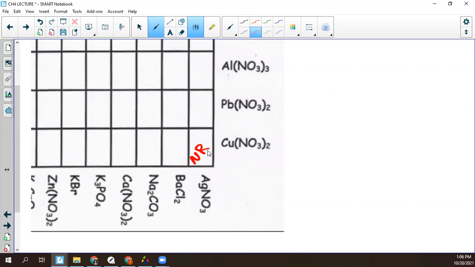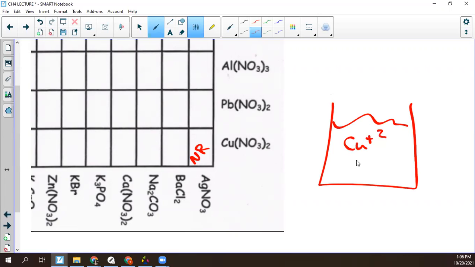So if that NO3 comes over here, do we even know? No, it would make no difference. So if we added these two in a beaker together, we would have Cu2+, we'd have Ag+, and we'd have a lot of NO3- just floating around, not interacting with each other at all.